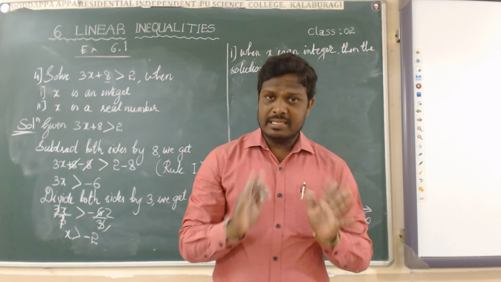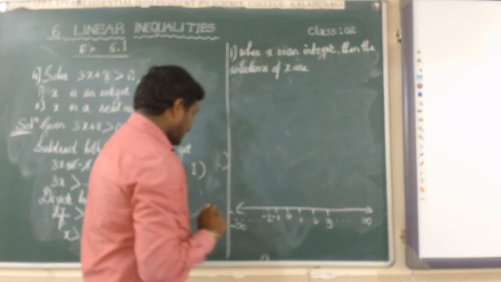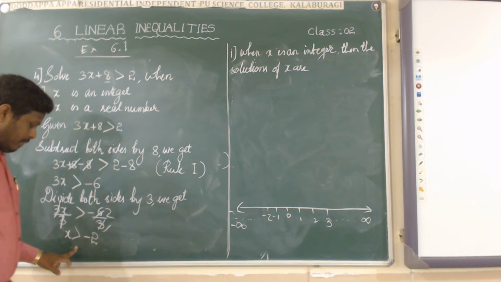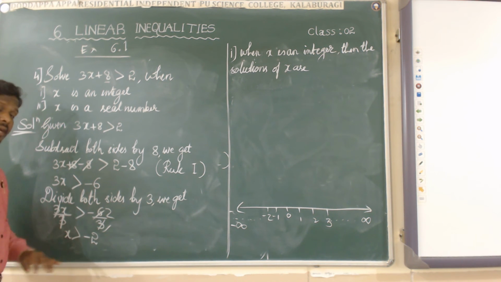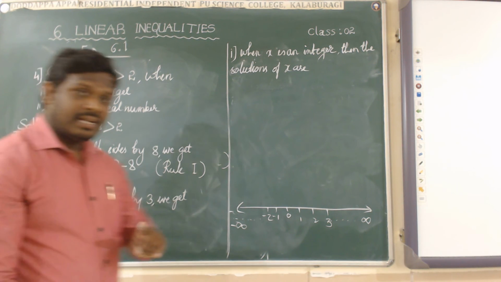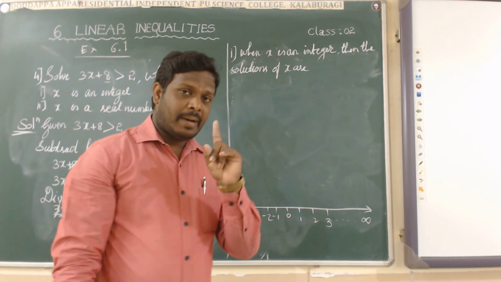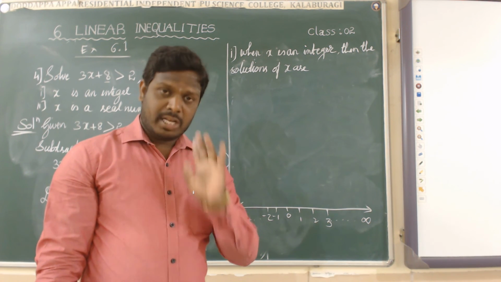The least simplified statement of the inequality is x is more than -2. In integers, which number is more than -2? Obviously, -1 is more than -2.